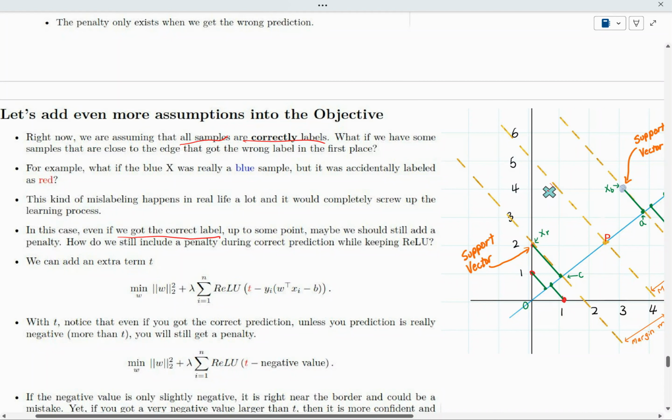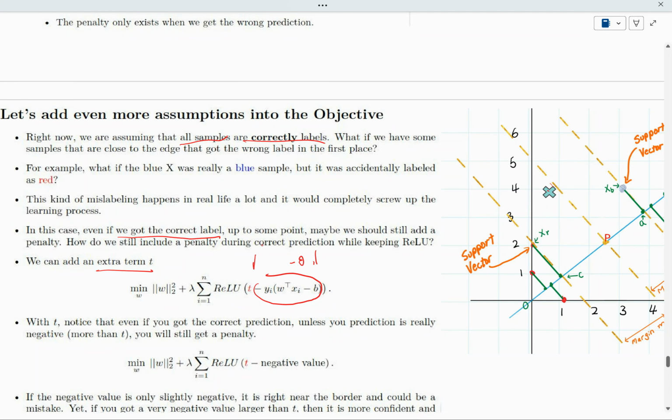Now, we're going to add an extra term t. How does this t help you? Well, think about it. If it's negative, let's say negative 0.1, then with ReLU, it will just ignore it. But what if we set t to be 1?